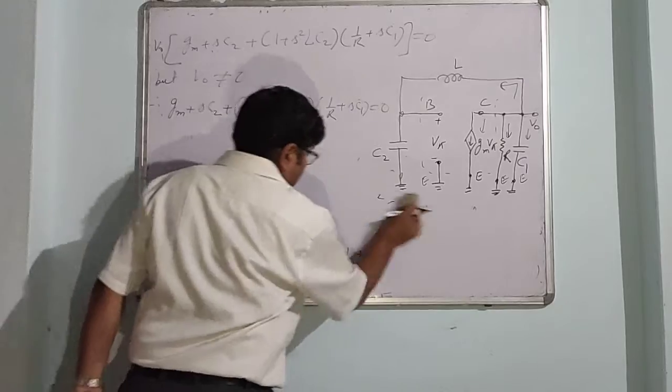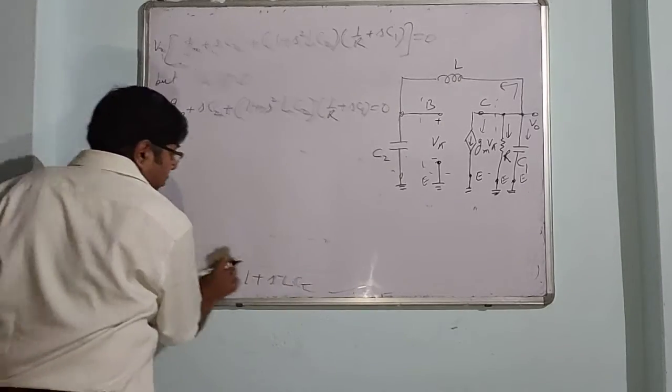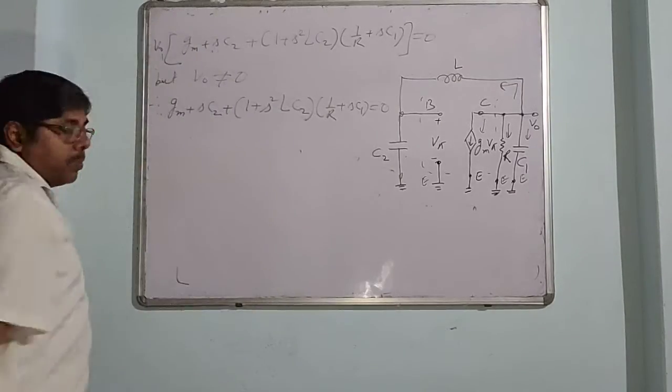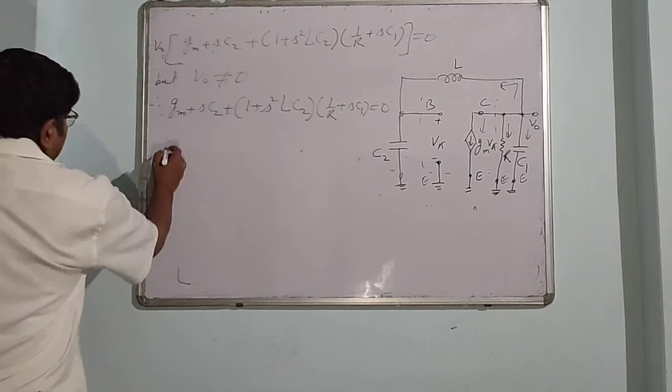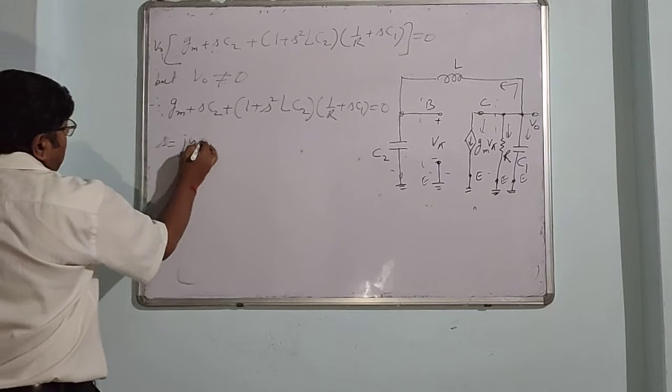From here, you can write, so put S equals j omega.